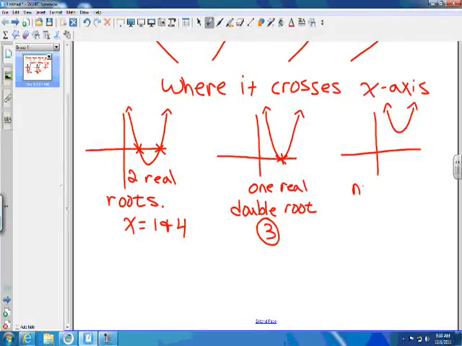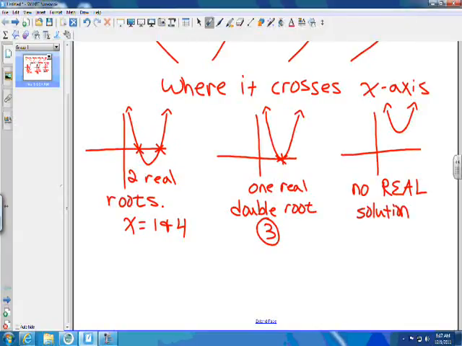So no, and this is important, no real solution. The reason that's important is because later in the chapter we will cover imaginary numbers. You can get imaginary solutions to that. So we'll get to that later, but as far as you know right now, there is no real solution to that, and that's all you need to know right now.